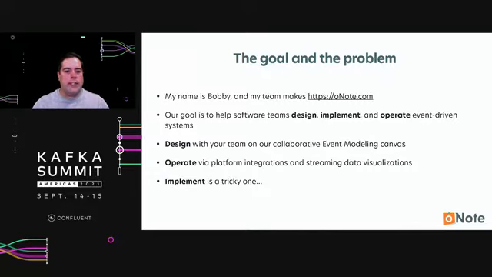Our goal is to help software teams to design, implement, and operate event-driven or event-based systems. Design is where we started with ONote. We have this really great collaborative event modeling canvas where you can, with your team, design out how your system works. That's the user journey.